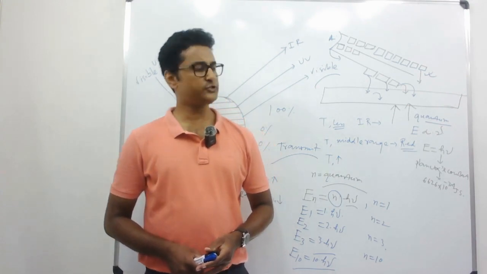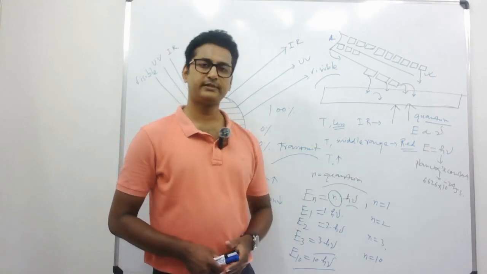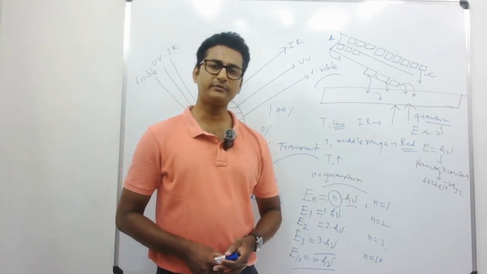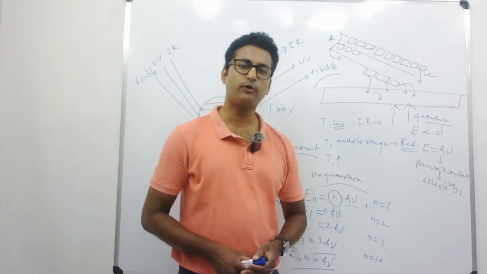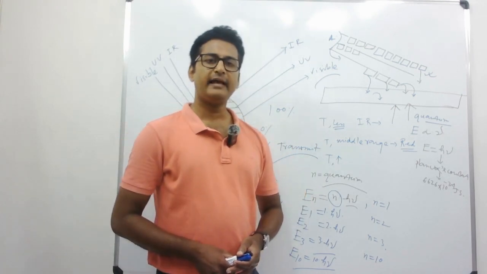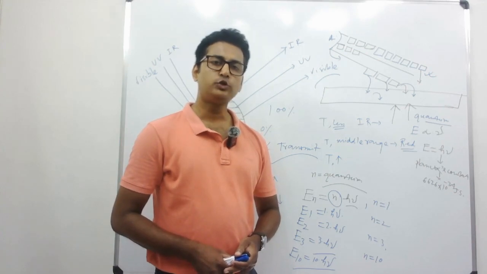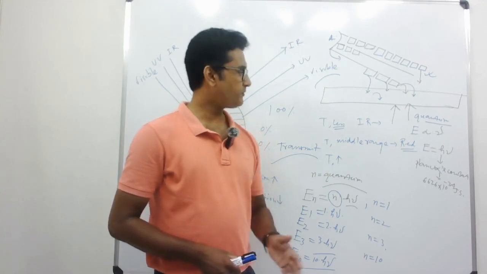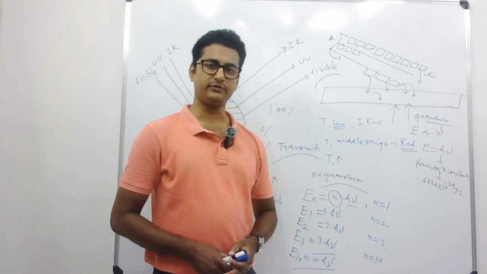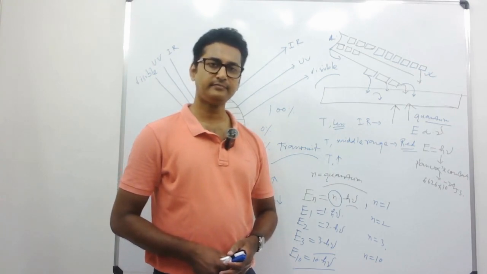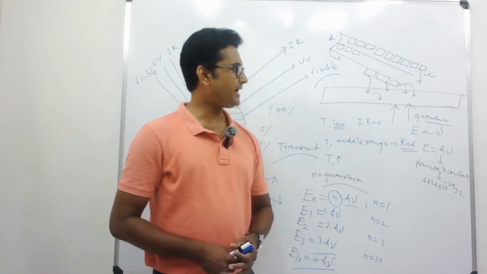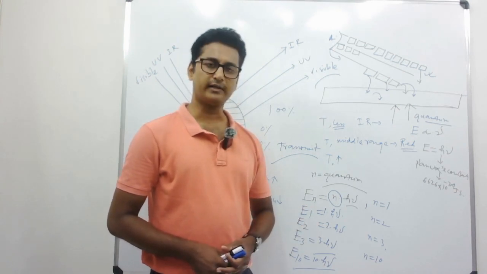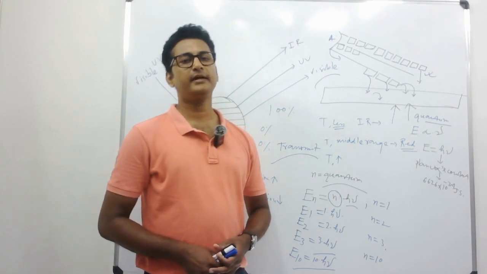Albert Einstein used this concept of Max Planck's quantum theory to explain his photoelectric effect. Atomic spectra could be explained properly from Max Planck's quantum theory. Right? So these are all the advantages of Max Planck's quantum theory, though it has some limitations.